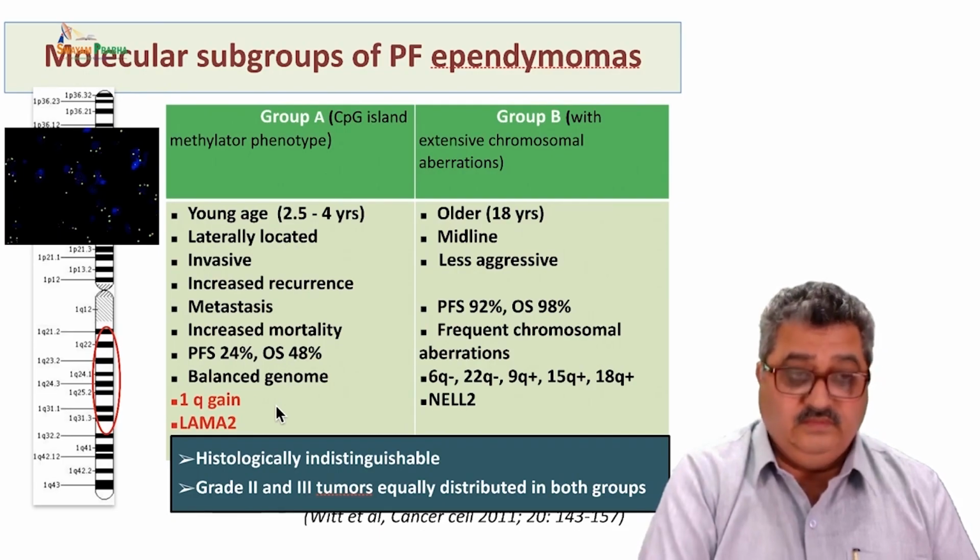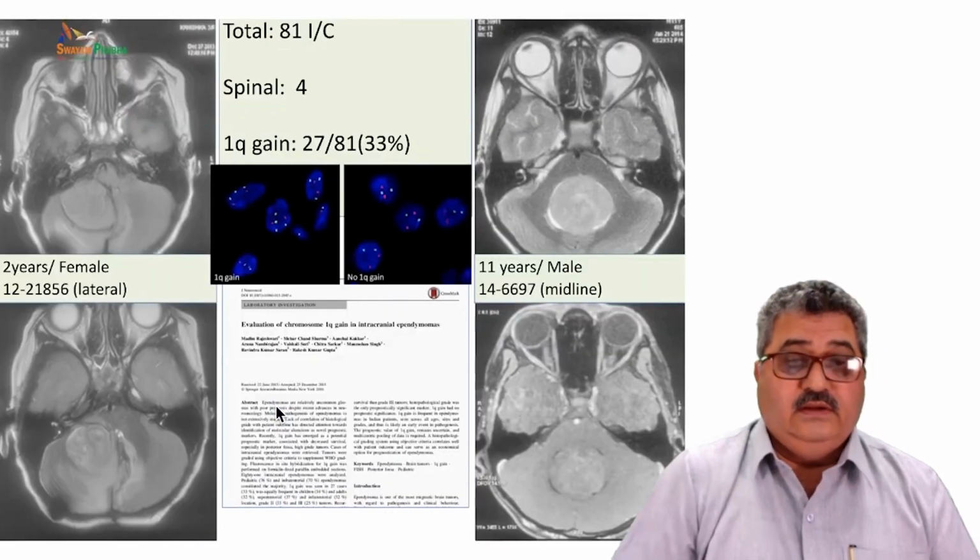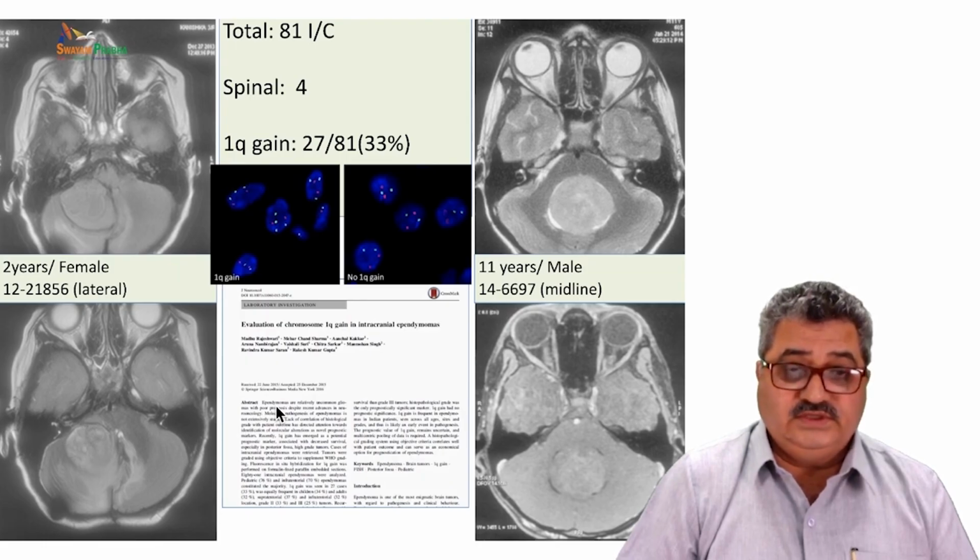Now 1q gain has been shown in other ependymomas, in the supratentorial and in the posterior fossa, but it is very important only when it is a group A tumor, which is in the younger children.